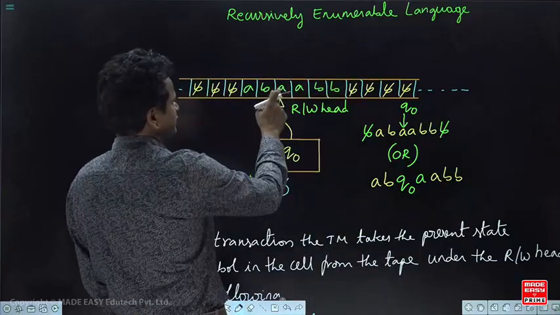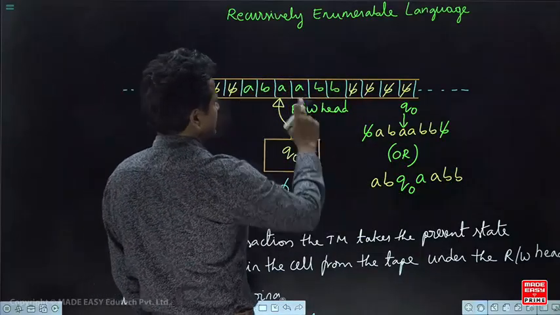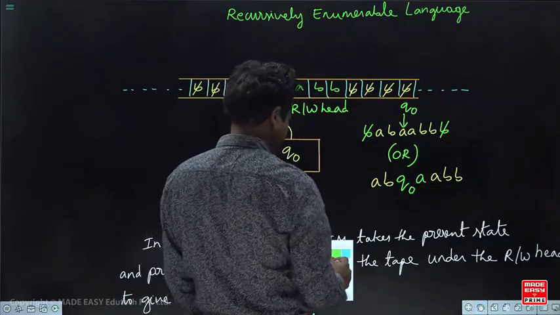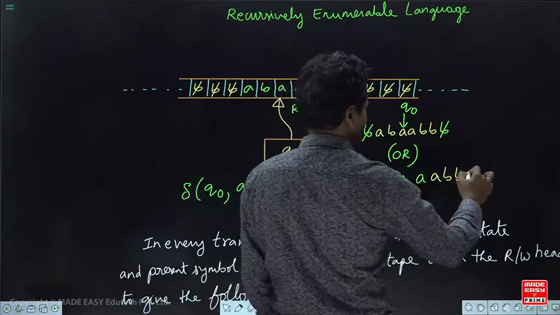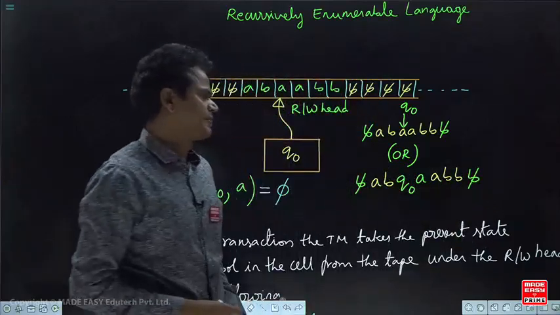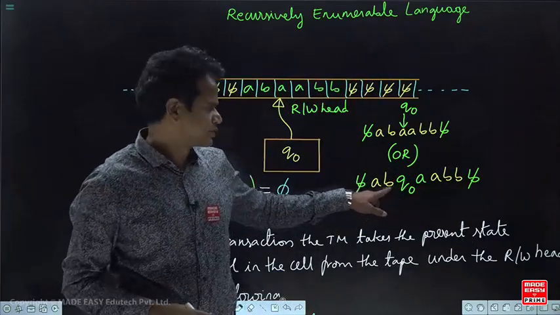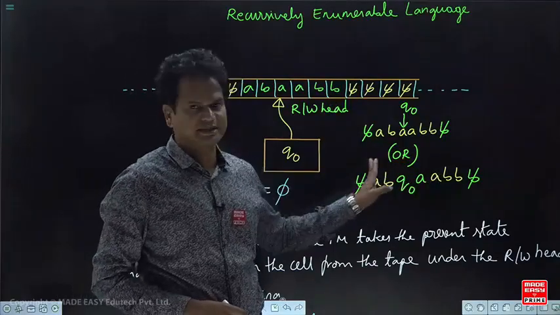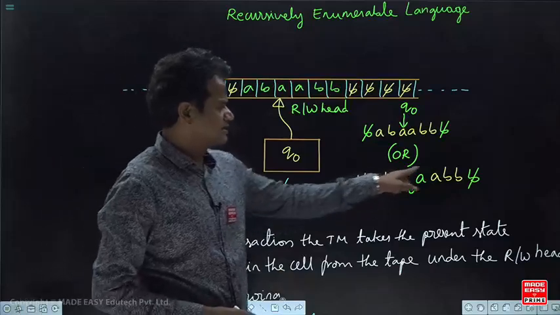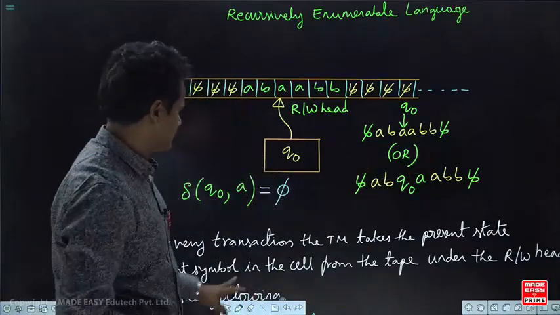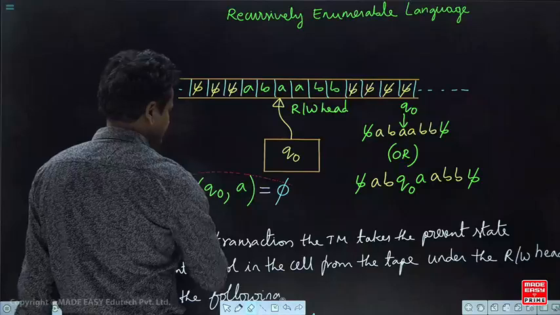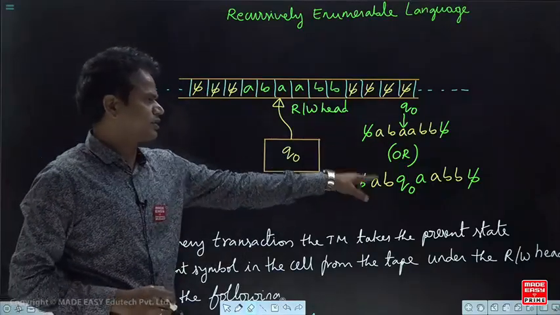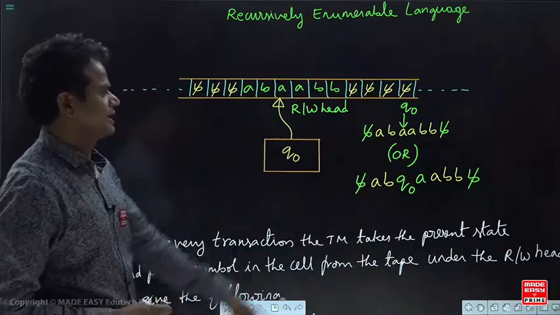Before this, A B is there. After this, A double B is there. And before and after you can have any number of blanks. I have clearly written it. So Q0 is the present state and A is the present input symbol, with the remaining input string before and after, and you can ignore the blanks or write them. This is the way of representing the present situation. You just copy this, and this is called an ID.